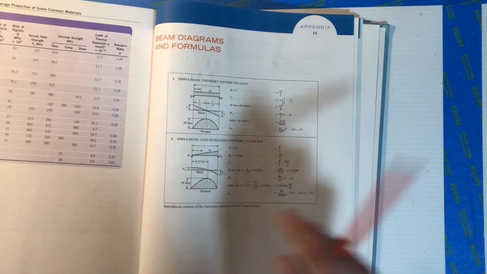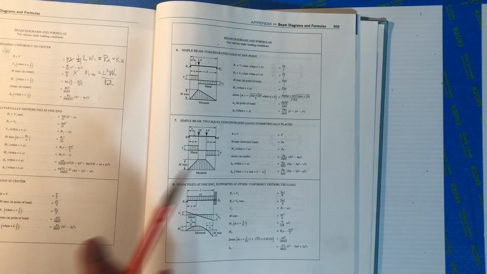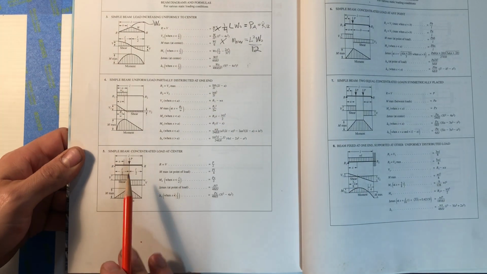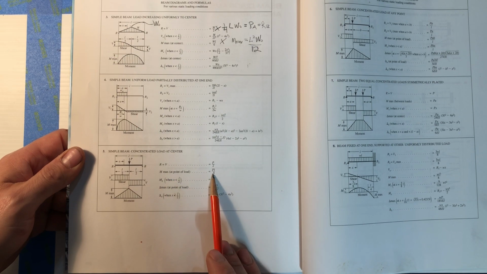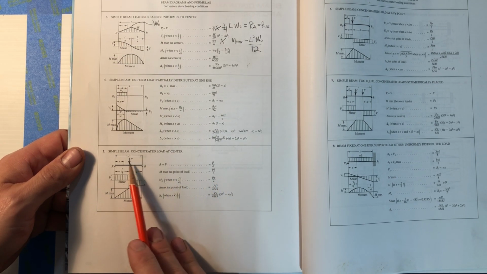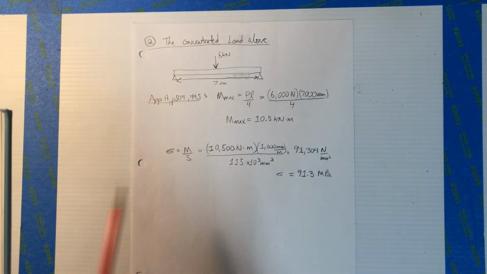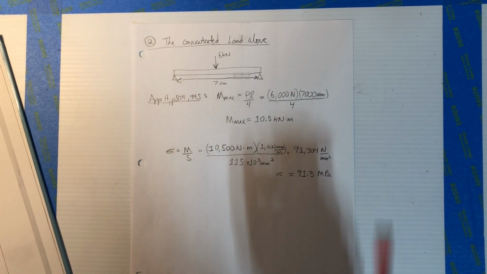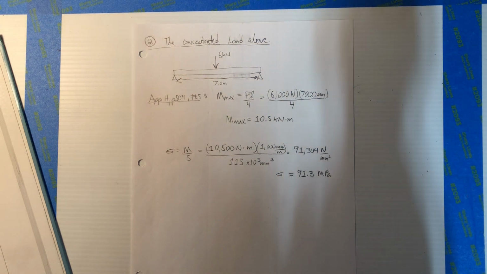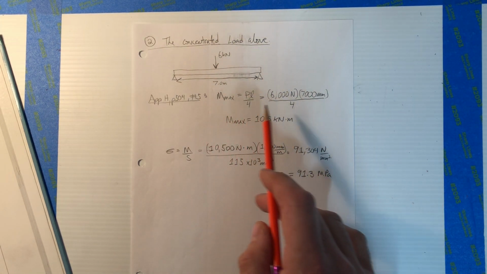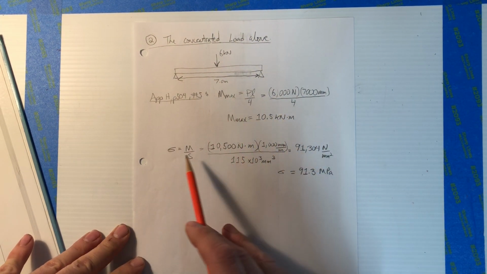It's now case 5, where the simple beam concentrated load at the center, we see M max is PL over 4, where P is the load, L is the length, and you divide by 4. So these tables, Appendix H is pretty handy in doing these problems. You don't have to do a full-blown shear moment diagram, right? So M max 10.5 kilonewton meters.